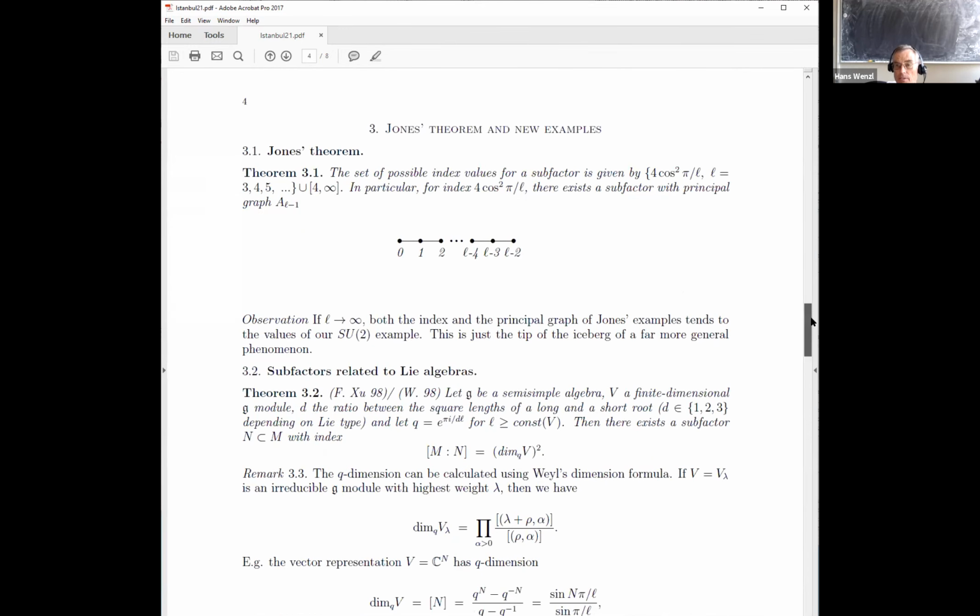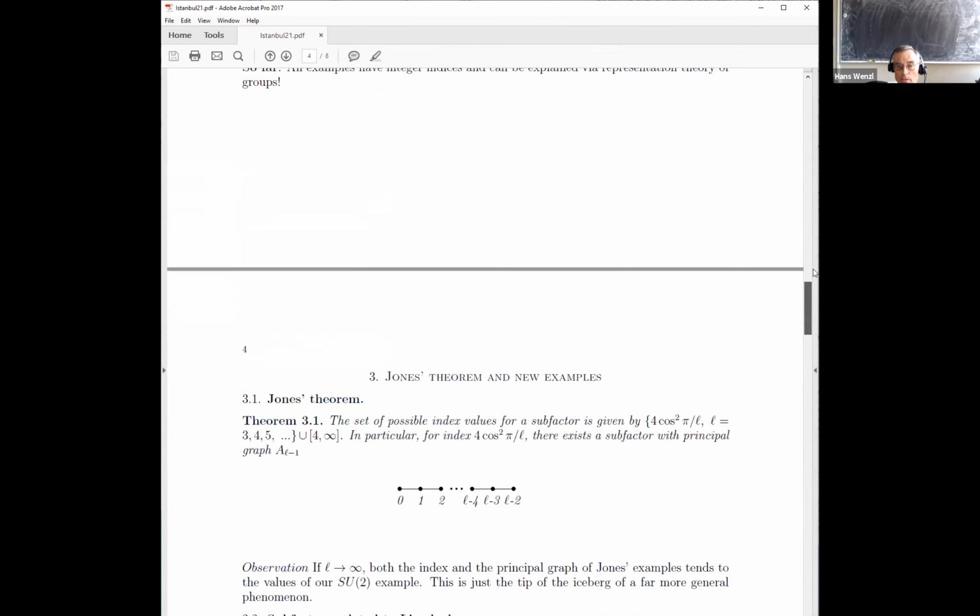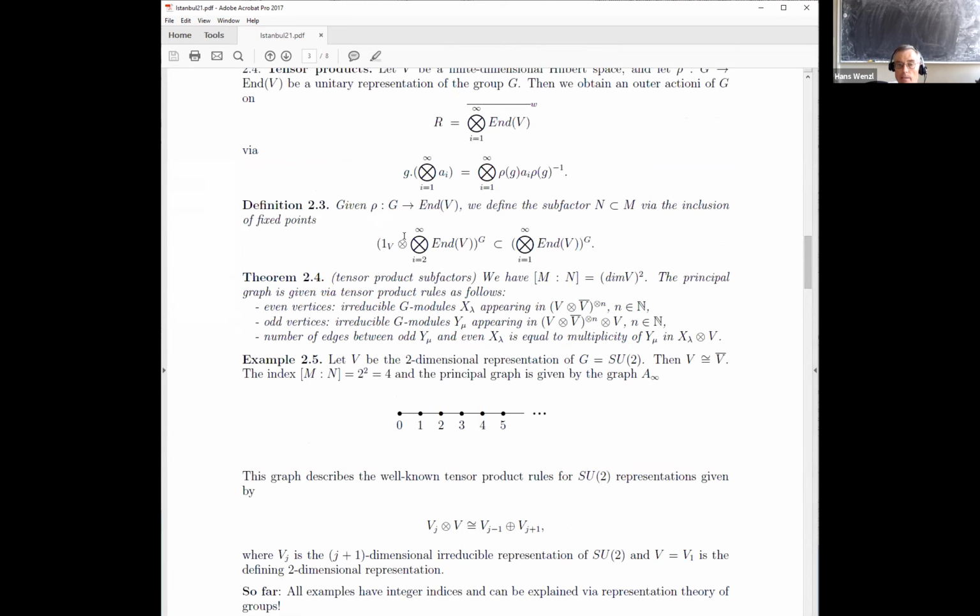So it turned out this is a special case of a much bigger phenomenon. Namely, you can essentially do this for any Lie group and for any representation. You can get a sequence of subfactors, which in the limit approximates the subfactor you would get in this classical setting we had up here.